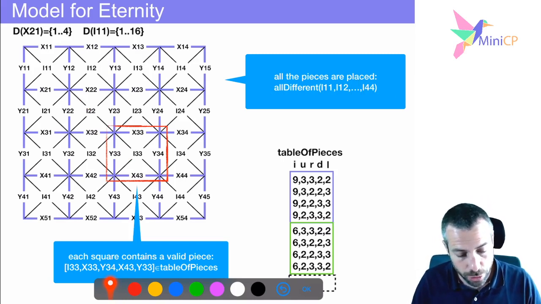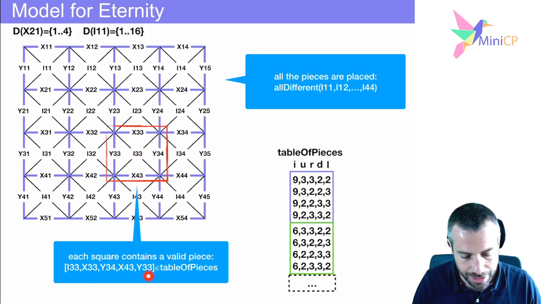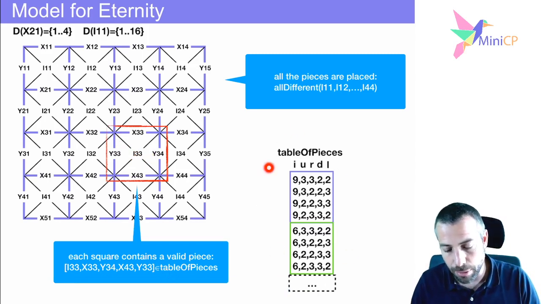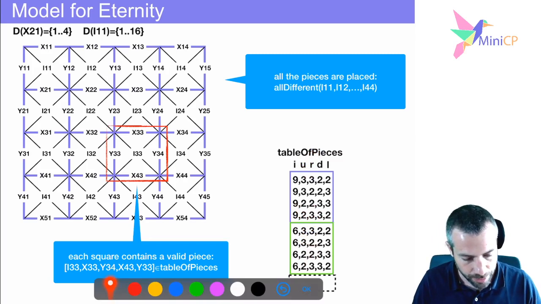And of course, because you want to use only valid pieces of your puzzle, you also enforce that with the table. You say, this is the big table of pieces that you have constructed. So this is the Java array that contains all the possible combinations that correspond to real pieces and rotations of real pieces. And you say that every variable, so let's take this one, I33, then this one is 1.